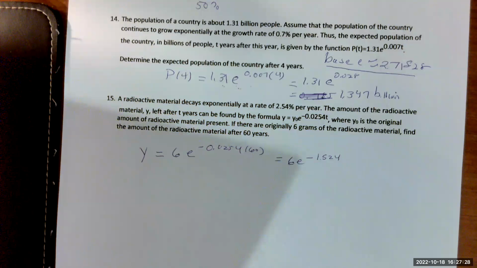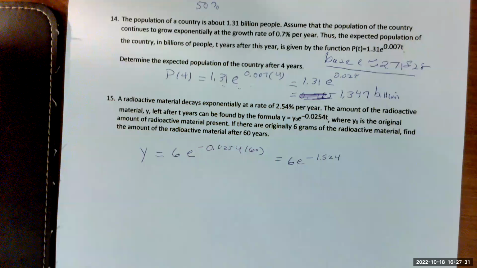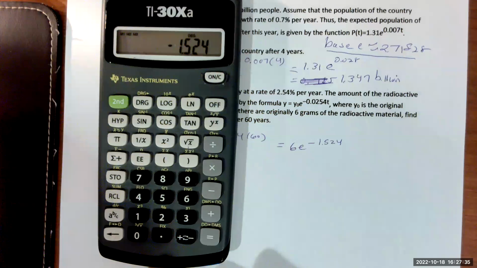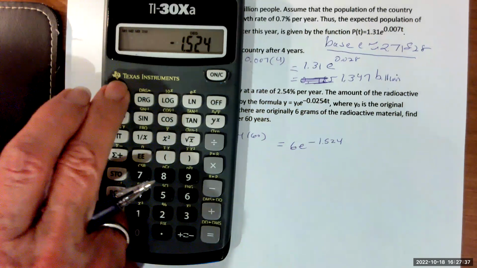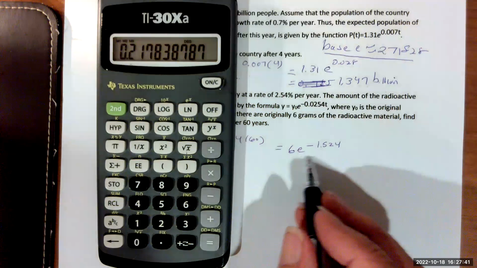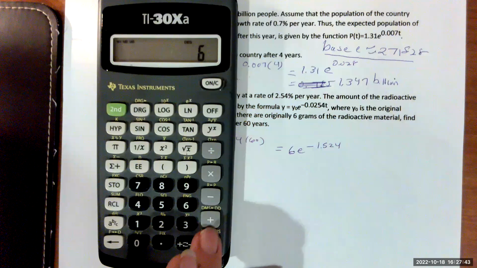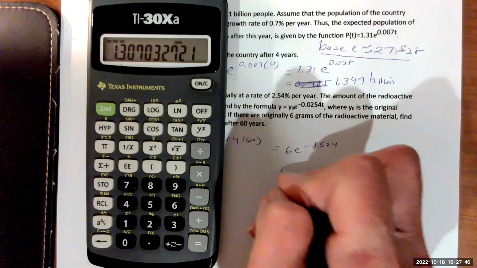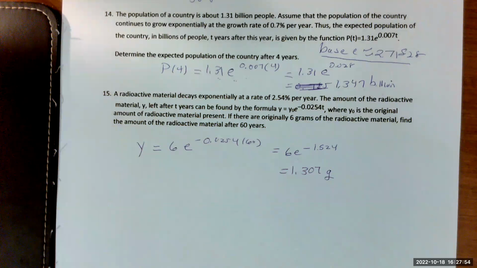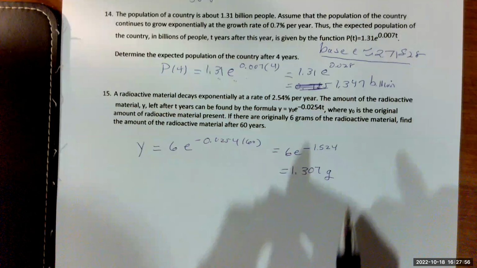Now what I'm going to do is take that number that's already in my calculator, which is really nice for me, and hit second e to the x. So now I've simplified this part here, and then I'm going to multiply by 6. So after 60 years, there's going to be 1.307 grams of material left, which again makes sense because I know that this is decaying, so therefore I expect to have less.